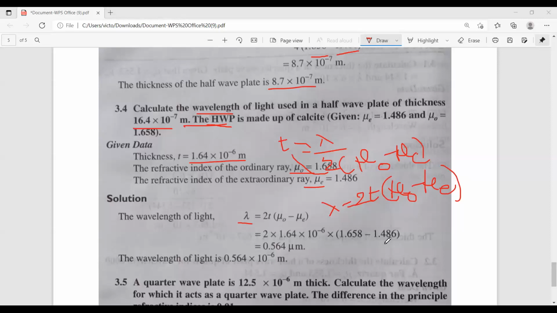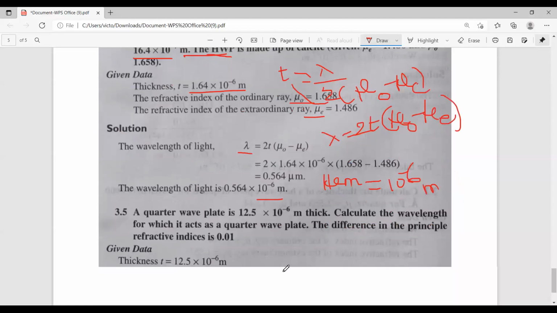Now substitute all these values. We get the lambda value 0.564 micrometers. 1 micrometer means 10 power minus 6 meters. Finally, we got the wavelength of the light, lambda, as 0.564 into 10 power minus 6 meters.